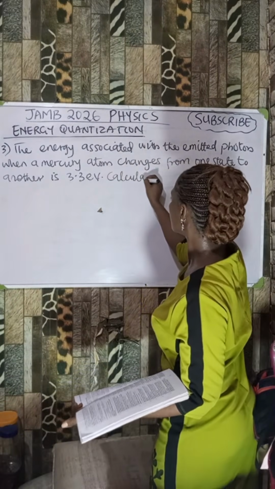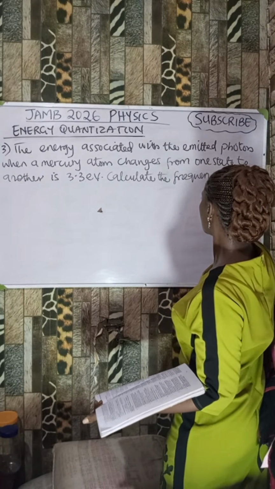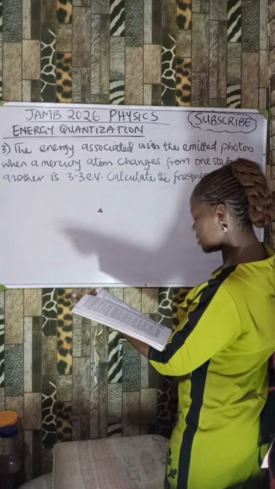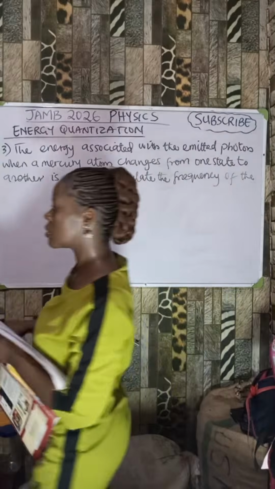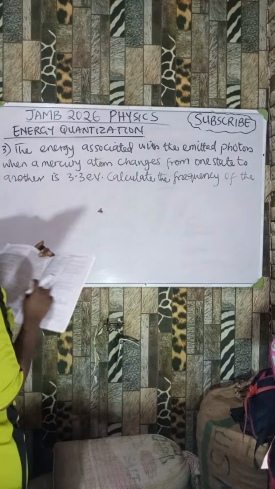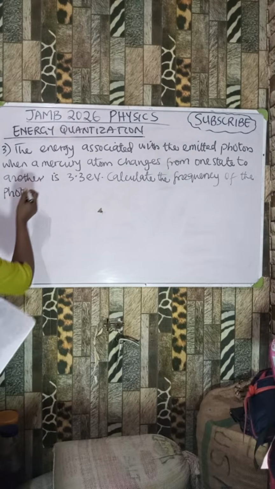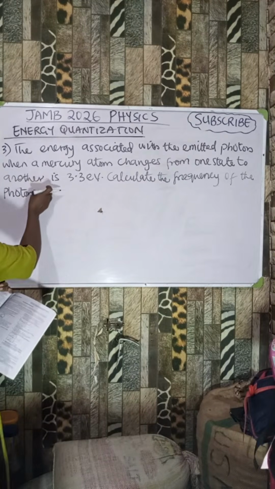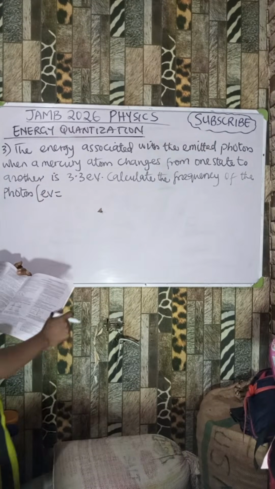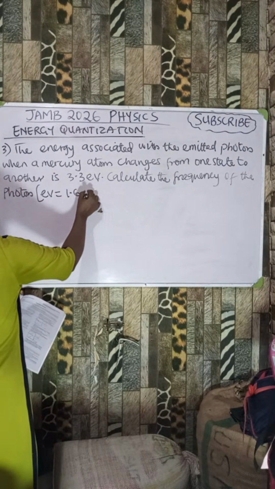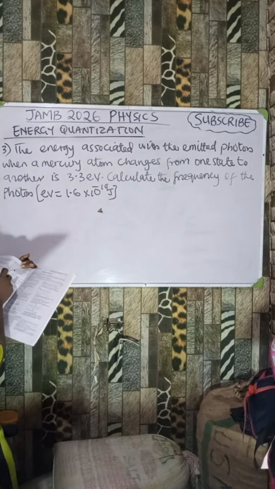Calculate the frequency of the photon. So I give 1 electron volt to be 1.6 times 10 power minus 19 joules, right?